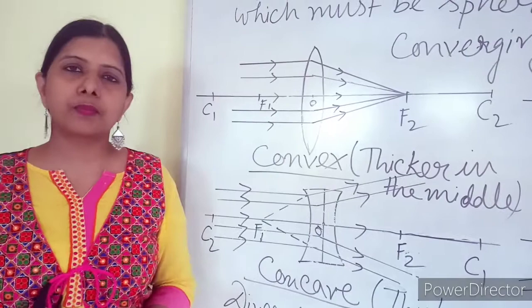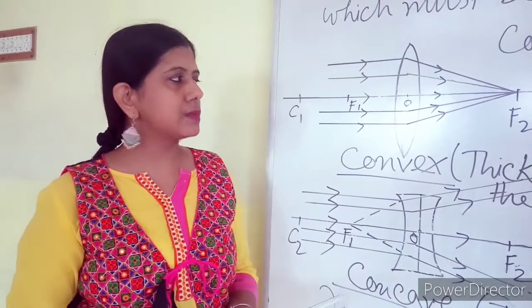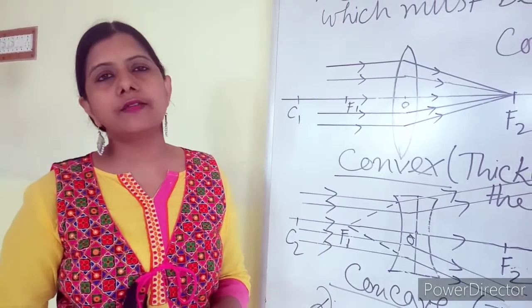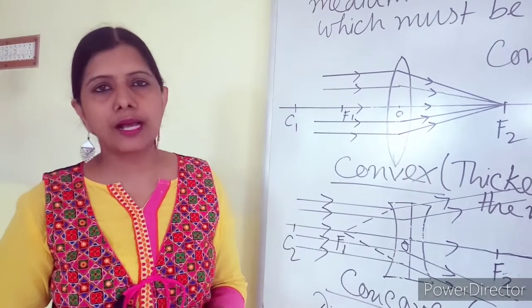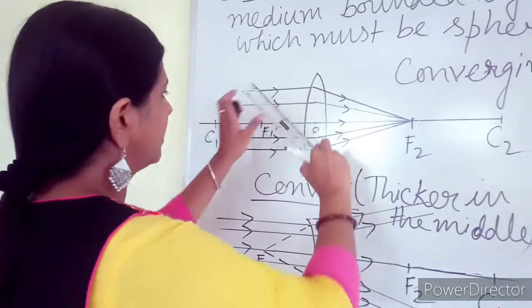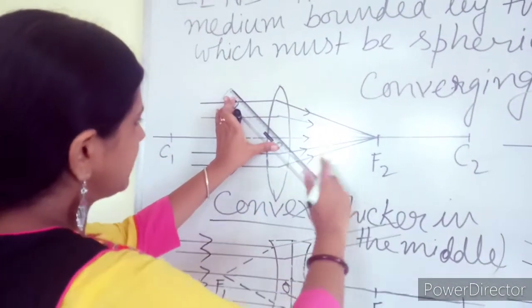Another definition of optical center: when light rays pass through the optical center, they go undeviated. There will be no bending. That point is known as the optical center. Suppose I am drawing a line here, a ray of light passing through the optical center.